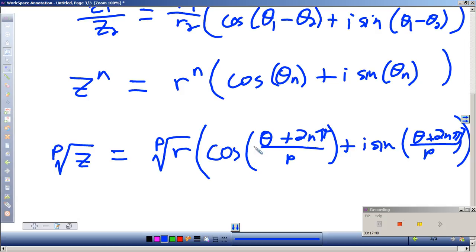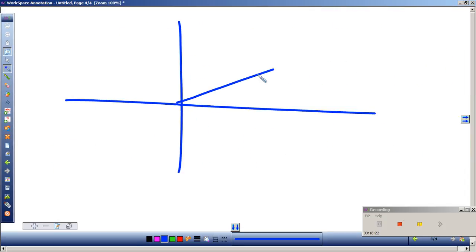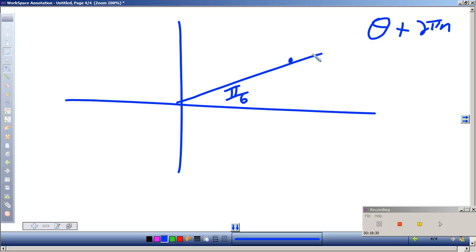So if you were just looking at this part right here, theta plus 2 pi n, what is this going to do? So you don't have to put this in your notebook, but say this is pi over 6. We're going to do theta plus 2 pi n. What's going to happen if I add 2 pi n to this, where n is some number?